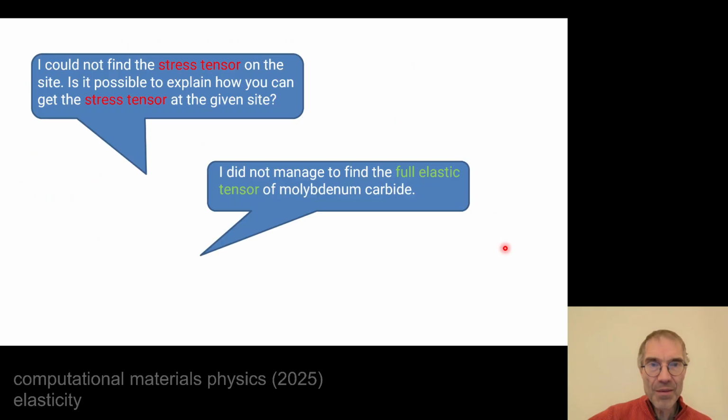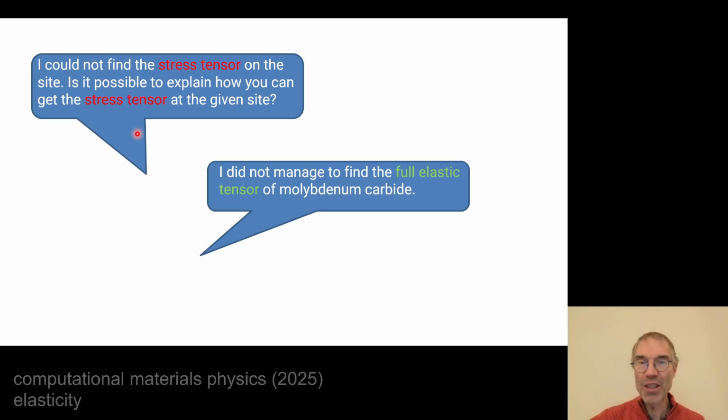And, well, this was not this year, but some people were confused and said, I look up the stress tensor of molybdenum carbide, but I don't find it. No, it's not the stress tensor that is documented. It's the elastic constant matrix.